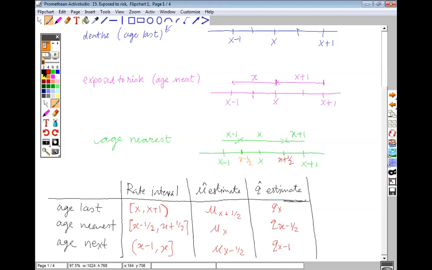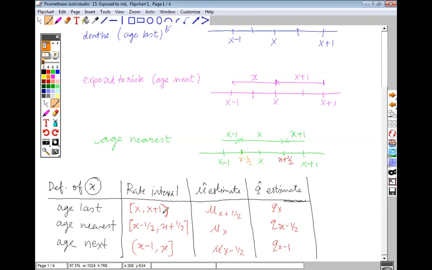Each of these corresponds to a simple definition of X. Everywhere in this, we have assumed that my person is aged X. So if this person is aged X and we are using this definition, and I want to figure out mu x plus half, this is the interval that I will have to use.